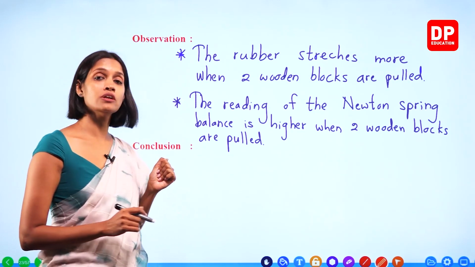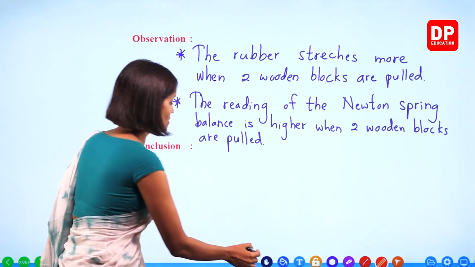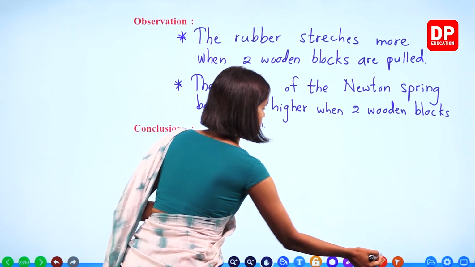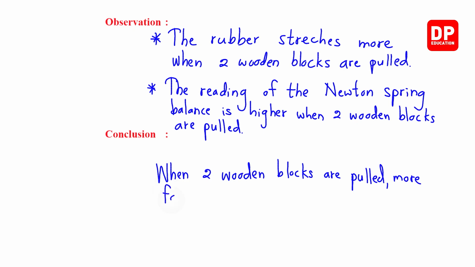So what is the conclusion? When two wooden blocks are pulled, more force is applied. Right? We will write that. When two wooden blocks are pulled, more force is applied.